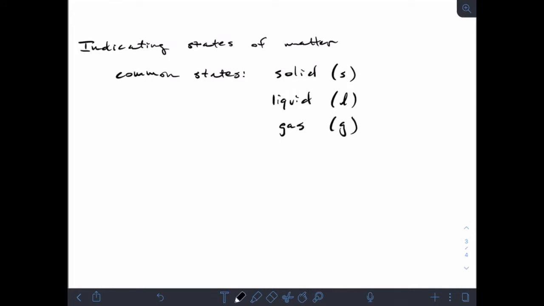Now the 4th state that we often see in chemical equations is aqueous, and that's denoted by an AQ. What that means is that when we see the AQ, whatever the chemical substance is, it's in a homogeneous mixture with water.